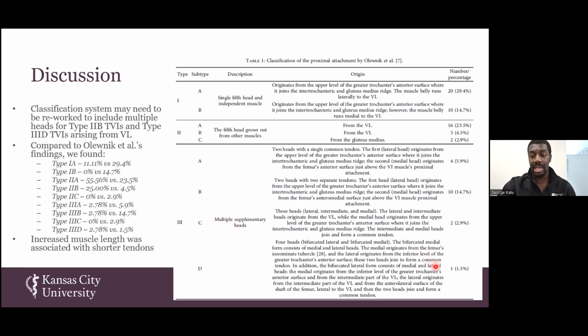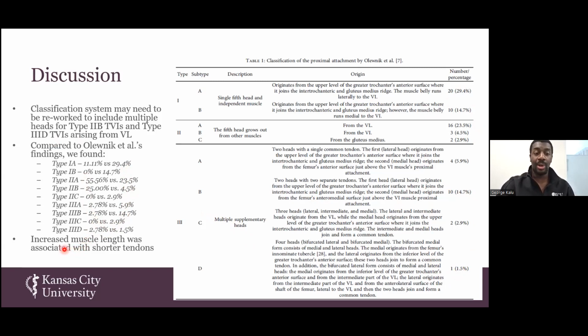These were his results that he came up with. My results were vastly different from his for the most part, with the exception of a few of the subtypes. And so that can be an indicator that we may not really know how many of all these different subtypes there actually are.